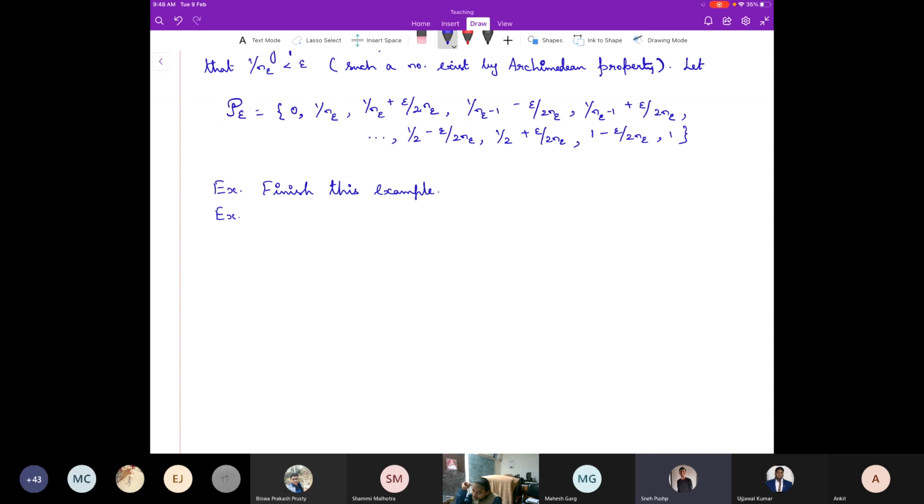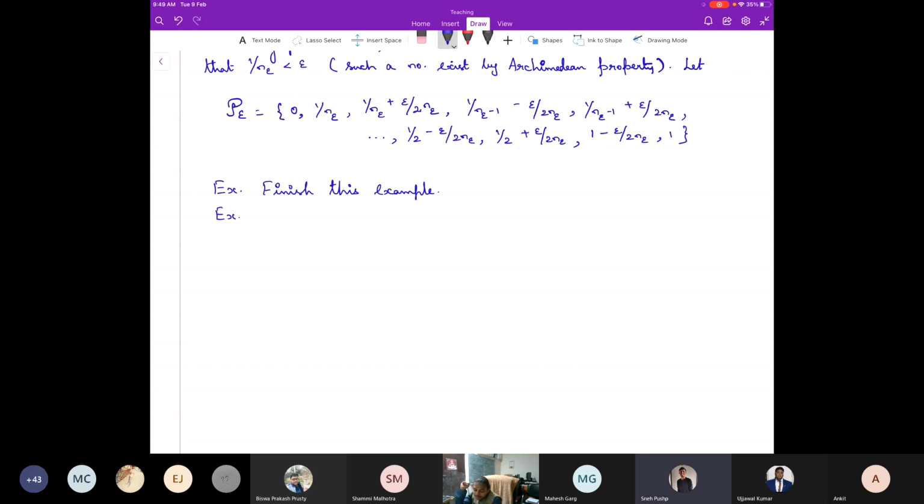We cannot ensure it is less than epsilon? Why not? Epsilon squared is less than epsilon because epsilon is less than 1.